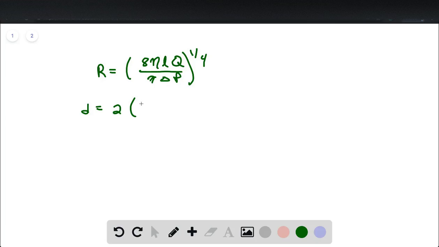Just doing some algebra, we can write Poiseuille's equation as an equation for the radius. I'm just calling P1 minus P2 delta P. And we have to do the 1/4 root. And then we know that to find D, the diameter, is just 2 times r. So it's 2 times this equation.